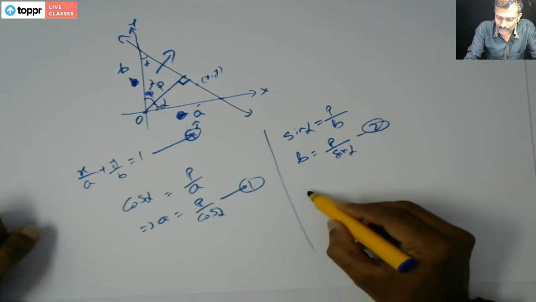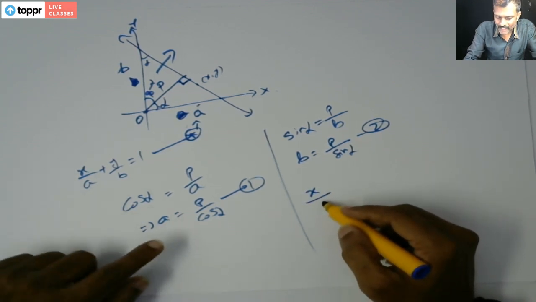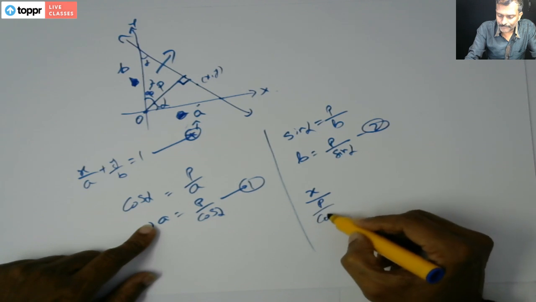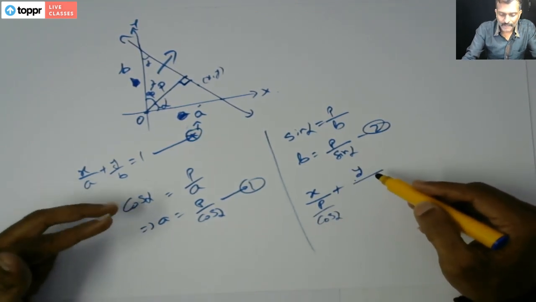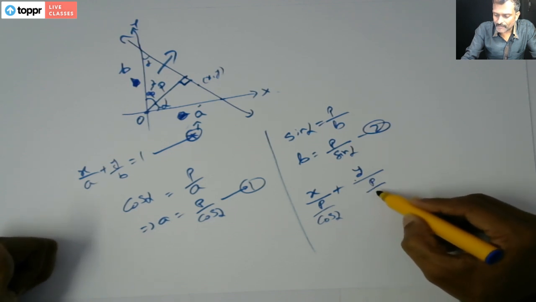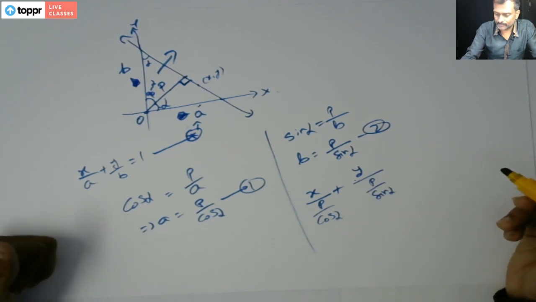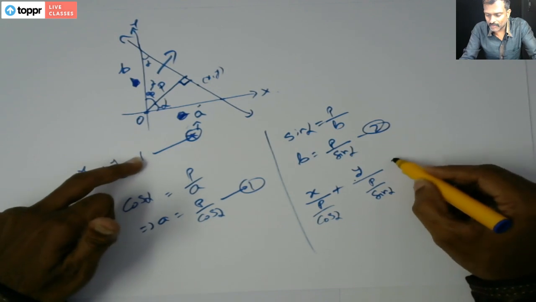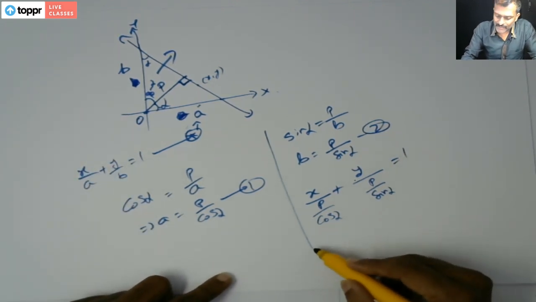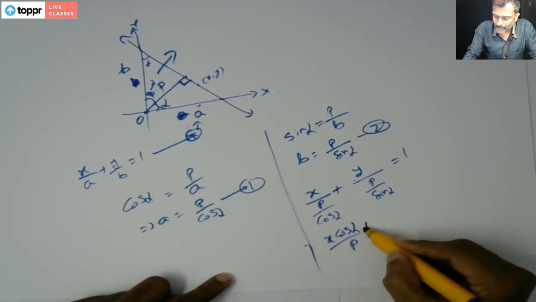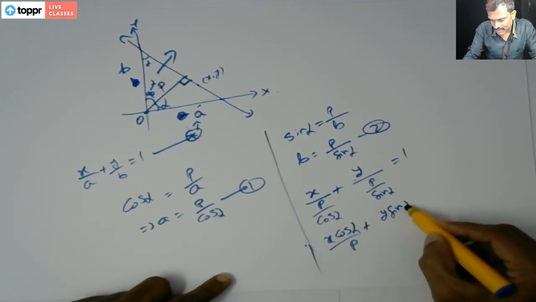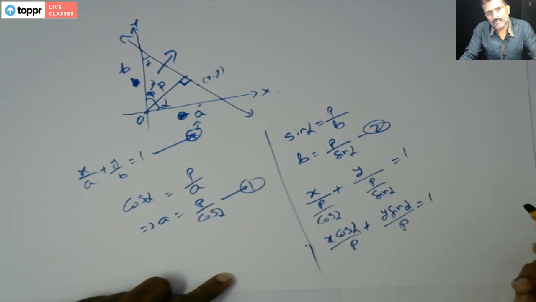So now our equation will become x by a, a is p by cos alpha, plus y by b, b is p by sin alpha, and this value is equal to 1. So when I simplify this, it becomes x cos alpha by p plus y sin alpha by p is equal to 1.